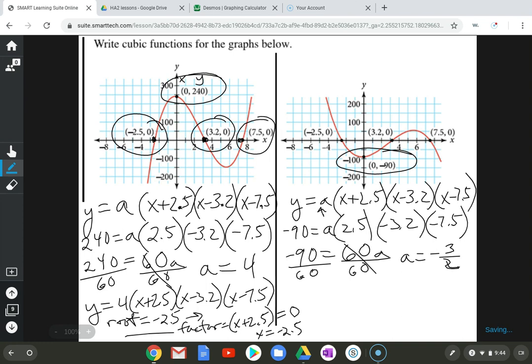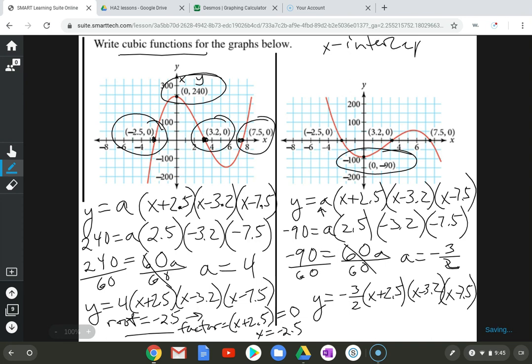So we end up with y equals negative 3 halves times x plus 2.5 times x minus 3.2 times x minus 7.5. All right, so in general, if you have to write a cubic function, what are you going to do? You're going to look at your x-intercepts, and you're going to convert them to factors.